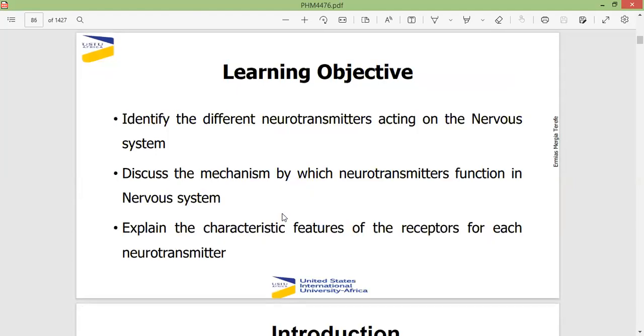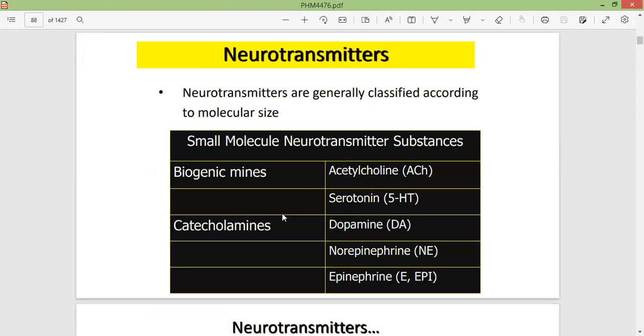A good example was acetylcholine. It is synthesized, stored, released, then acts on the nicotinic or muscarinic receptors. Then it can be inactivated by acetylcholinesterase, or it can be taken back up and recycled.